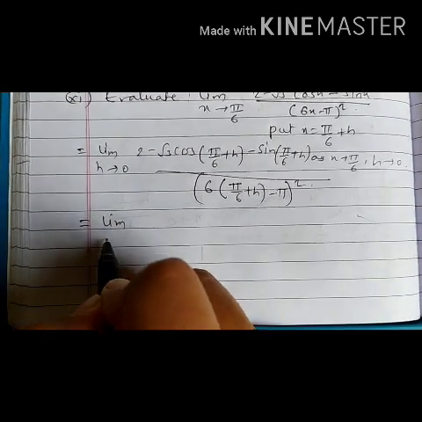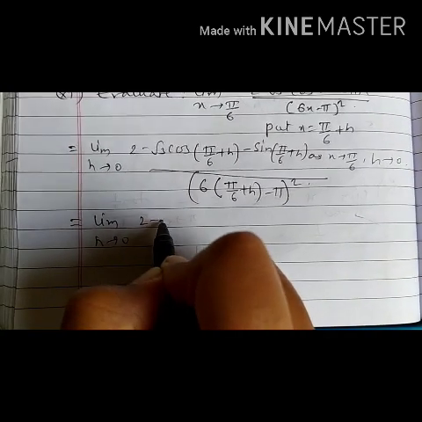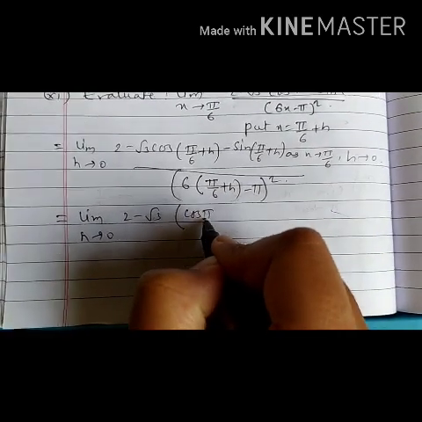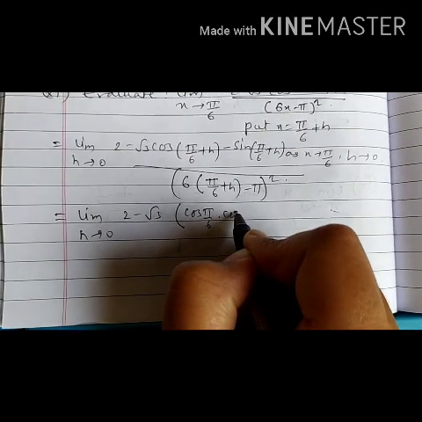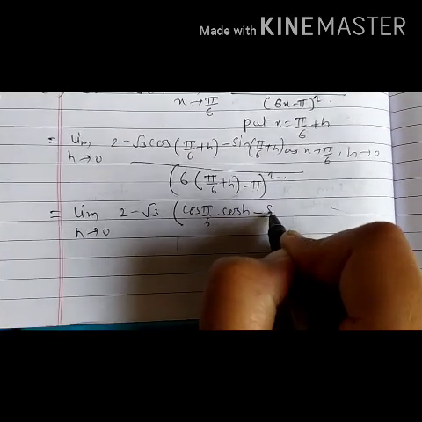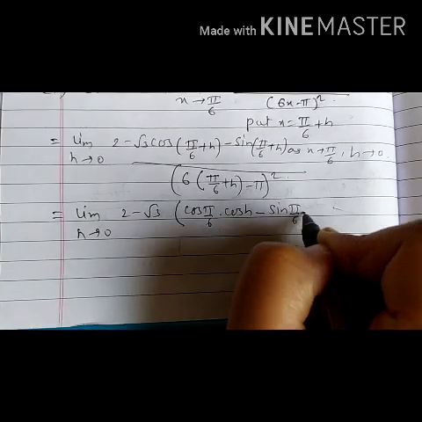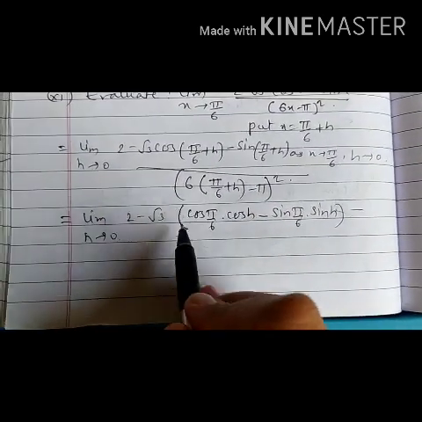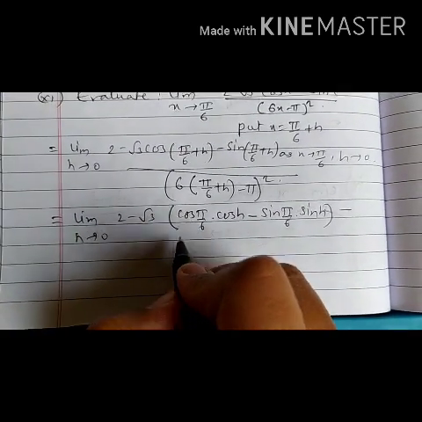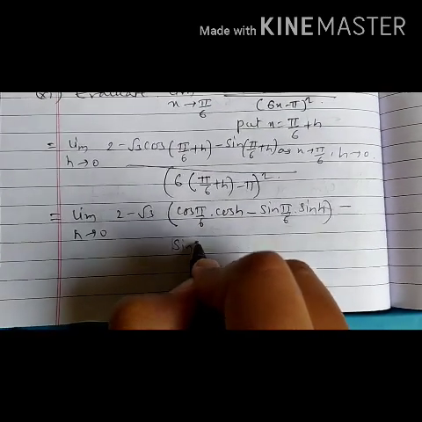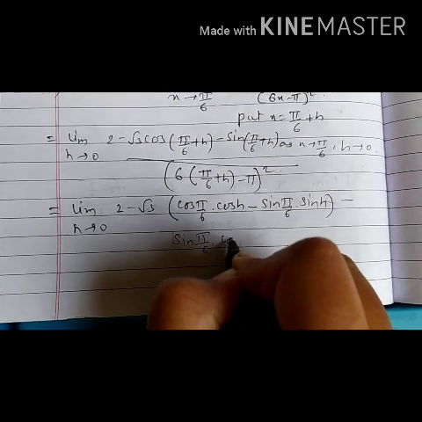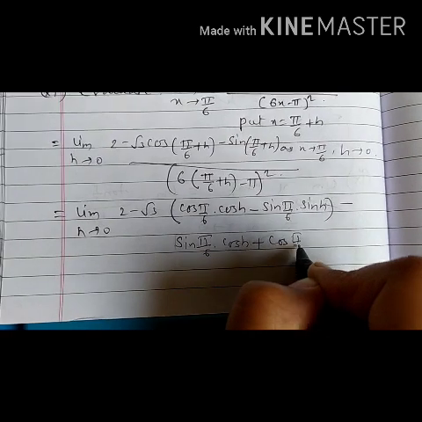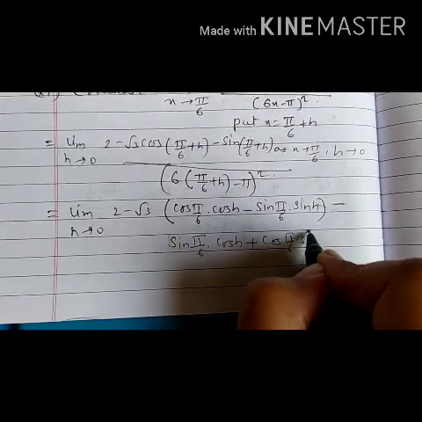We have limit as h tends to 0, 2 minus root 3 in bracket, cos pi by 6 into cos h minus sin pi by 6 into sin h, minus, now the numerator I will write in the downside, sin of pi by 6 into cos h plus cos of pi by 6 into sin h.